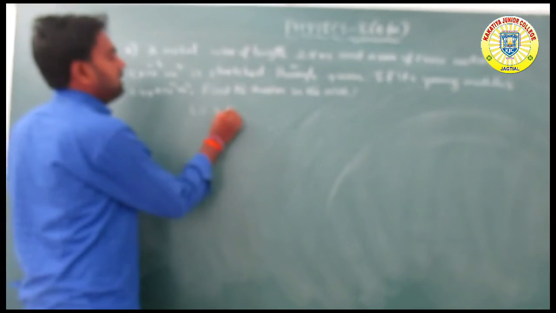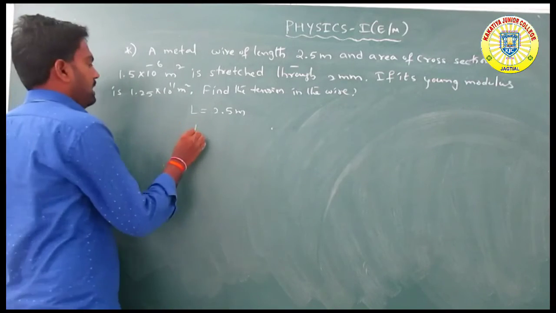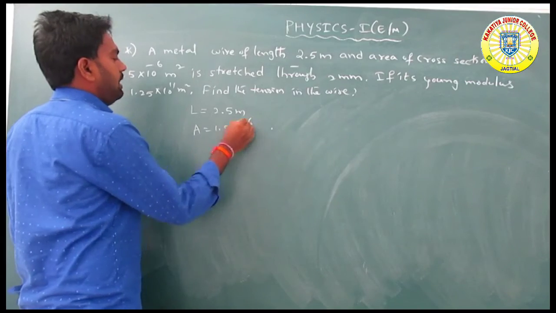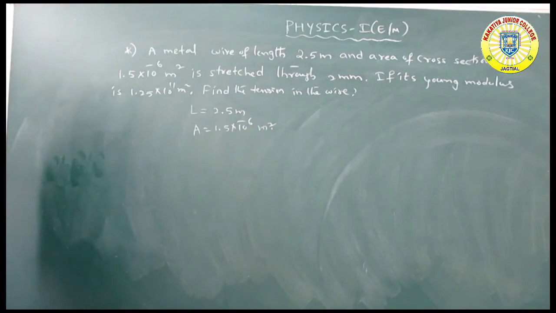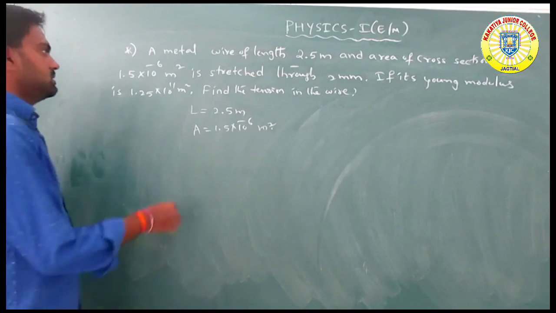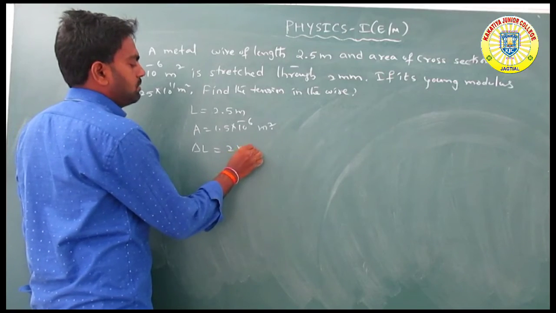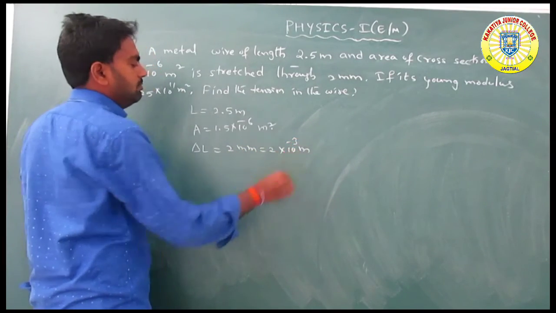So the length L is equal to 2.5 meters, the area of cross section A is equal to 1.5 × 10^-6 meters squared, and delta L is 2 mm, which is 2 × 10^-3 meters.